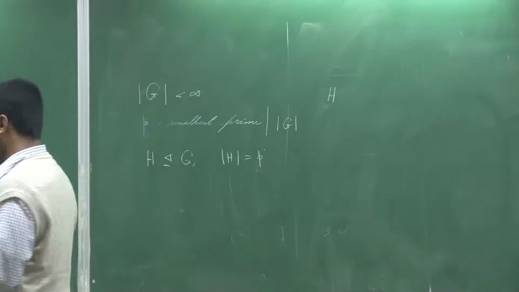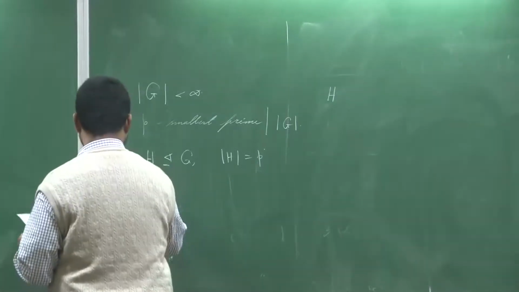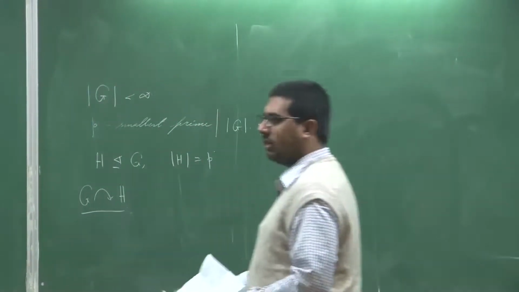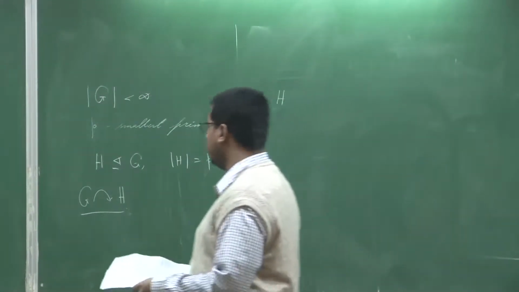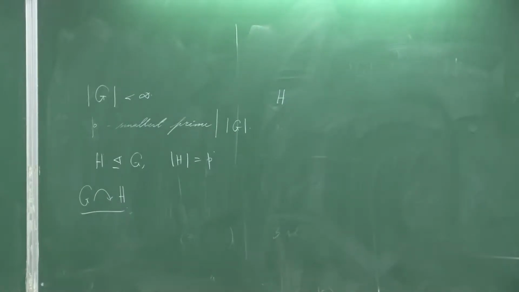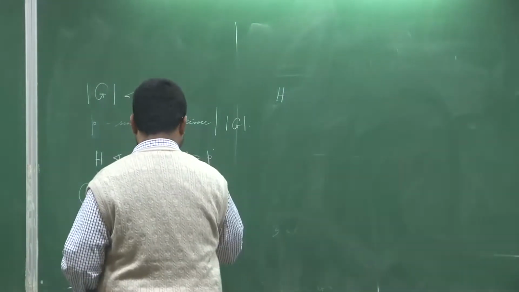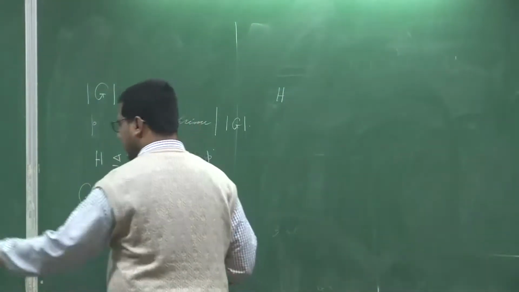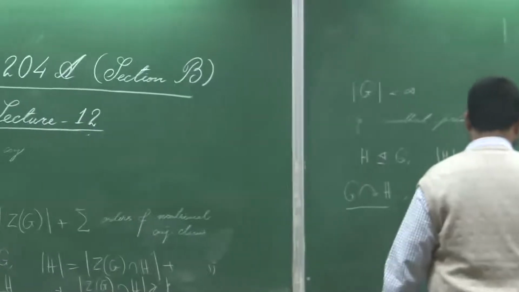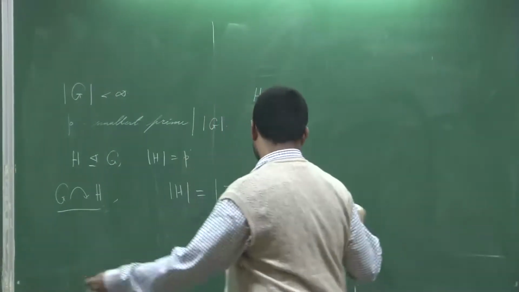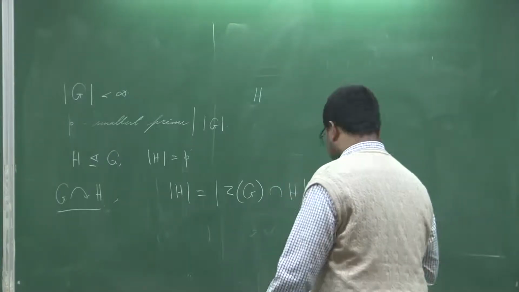Since H is a normal subgroup, we can consider the action of G on H by conjugation. That is possible because H is normal, and then if we write the class equation we must have this kind of thing, plus some of the usual terms.